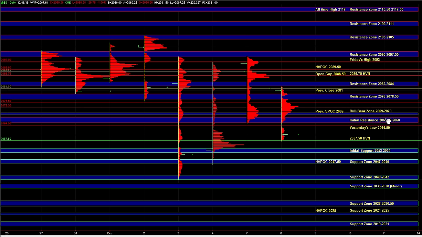And then at that point, we'll have to assess the quality of the buying that comes into the market, if any. If we're just going down on heavy momentum and the tick is completely below zero and printing some nice downside values, then 52 to 54 might not get much of a reaction at all, and we could go down to 47 to 49, and then the larger time frame target on the downside would be 40 to 42.